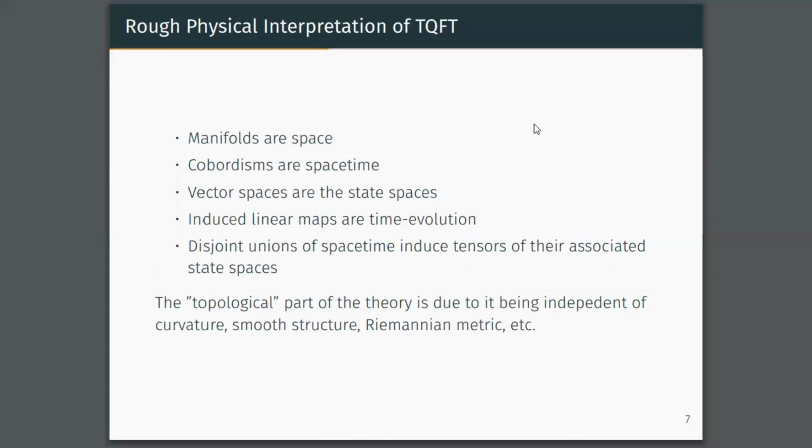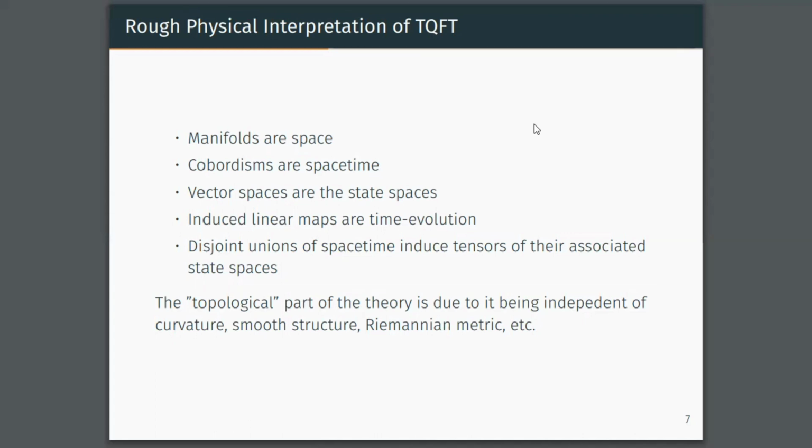But first, there's some rough physical intuition behind this, like why this definition is anything that could be called a quantum field theory. In a basic sense, our underlying manifolds are going to be thought of as space. Cobordisms, where you take and add this extra dimension, this straw, are like space-time.